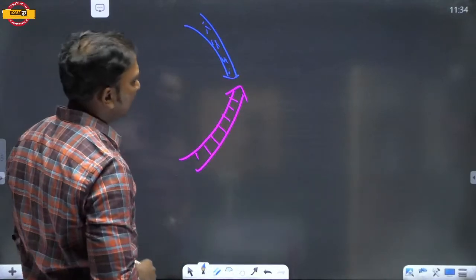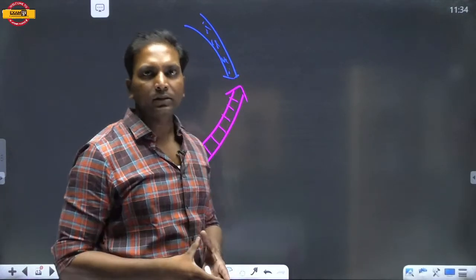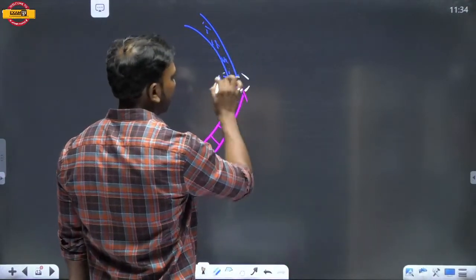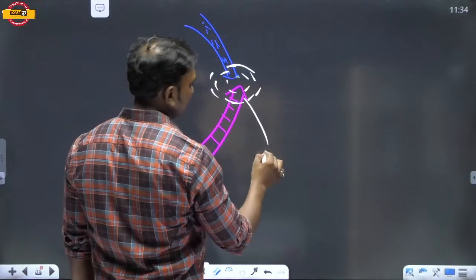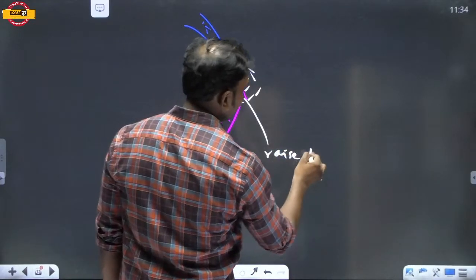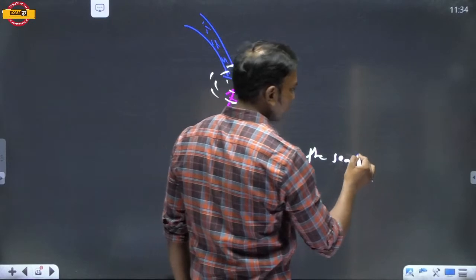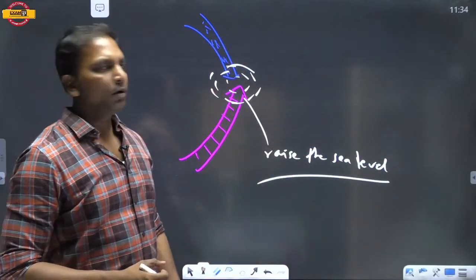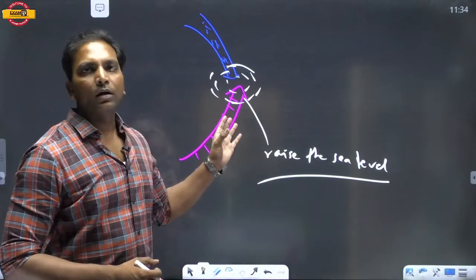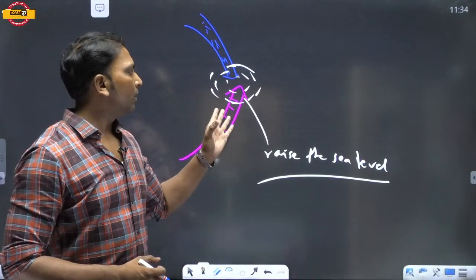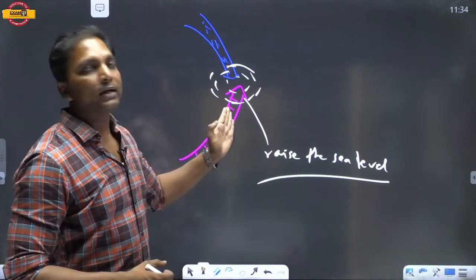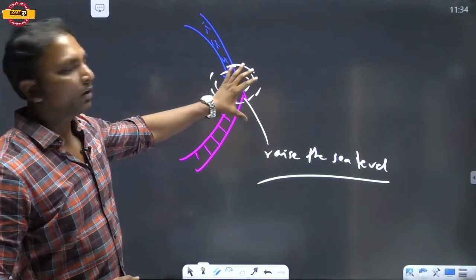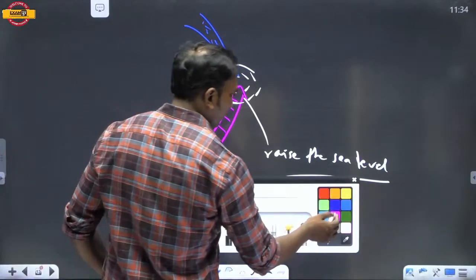So when these two currents meet at a place, it will raise the sea level here. Now you see it will raise the sea level because of the agglomeration of oceanic water here. Both will bring down the water, and the maximum water will agglomerate here.